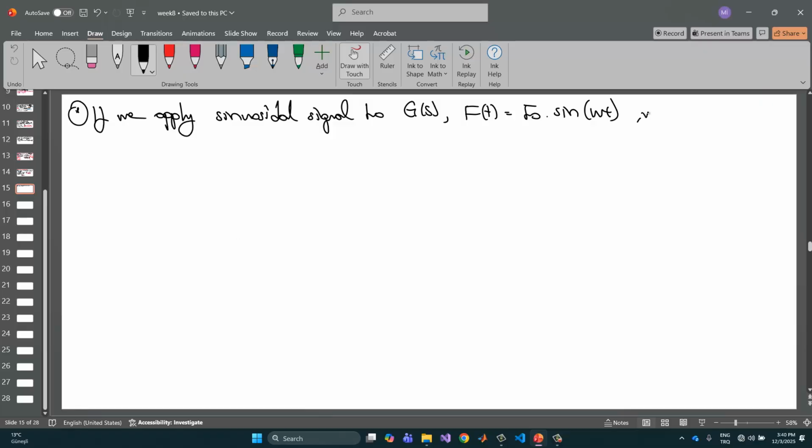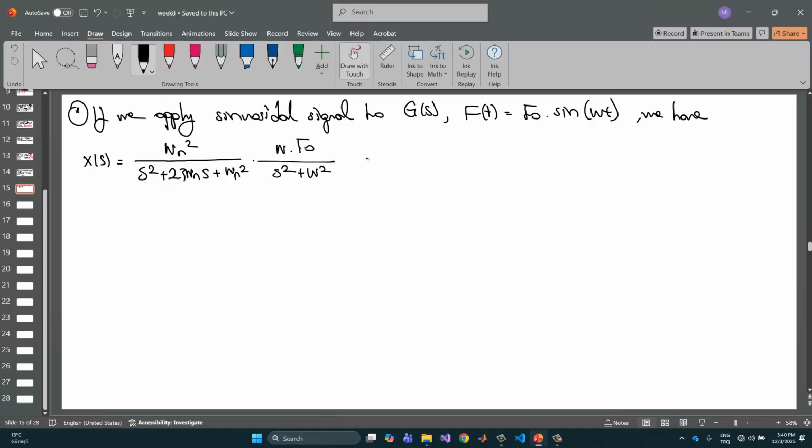And so we have the transfer function of X(s) just like this one: Wn square divided by (S square plus 2 zeta Wn S plus Wn square) times (W F0 divided by S square plus W square). Okay? What's this value? This is the Laplace transform of these terms.